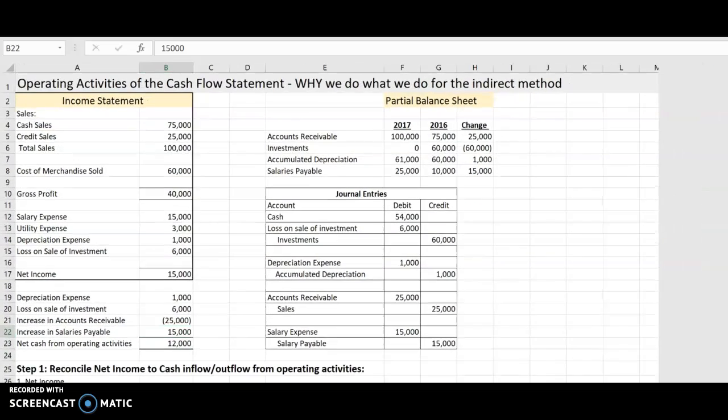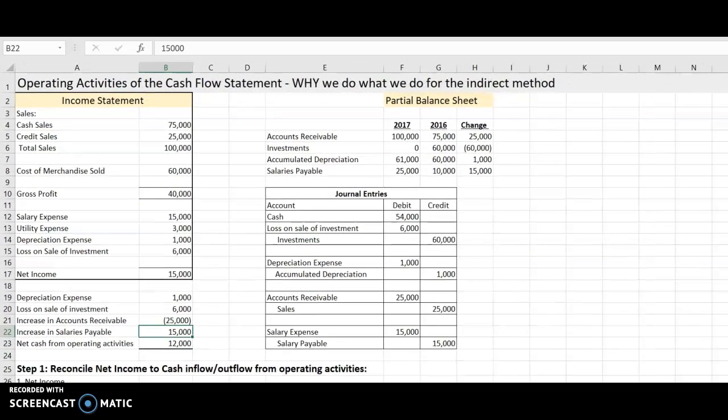Let me show you if accounts receivable, instead of having gone up, actually went down. Because current assets, remember, work the opposite. So if accounts receivable would have went down, I would have increased it over here. It would have said decrease in accounts receivable, and I would have increased my number.